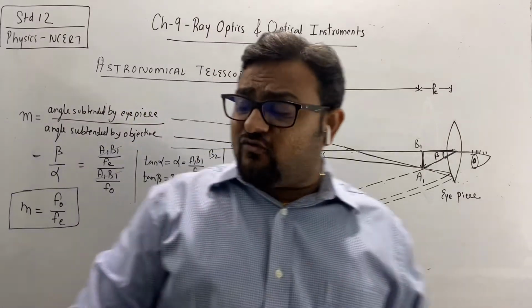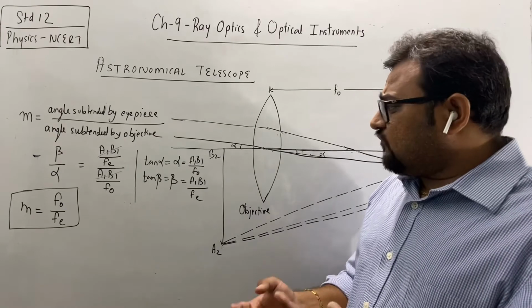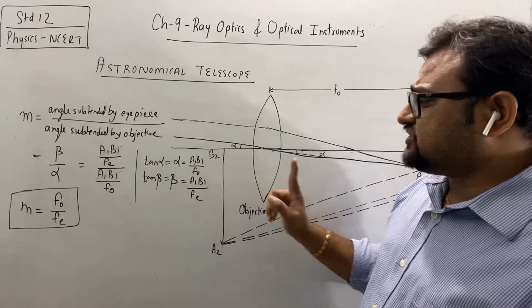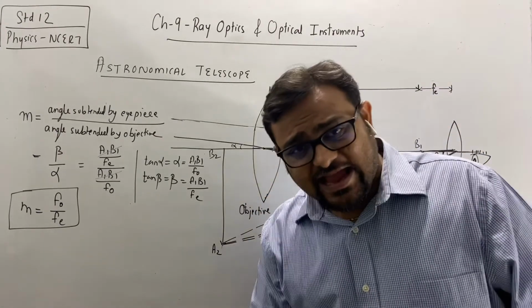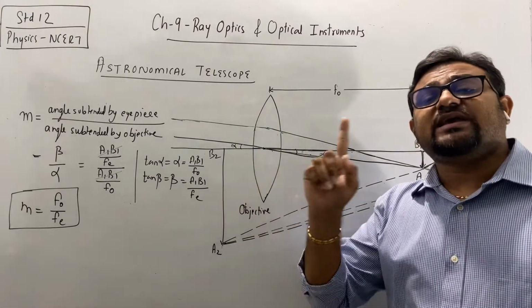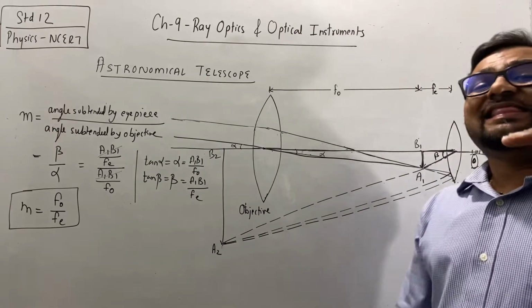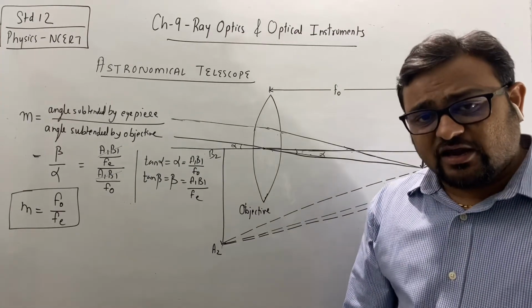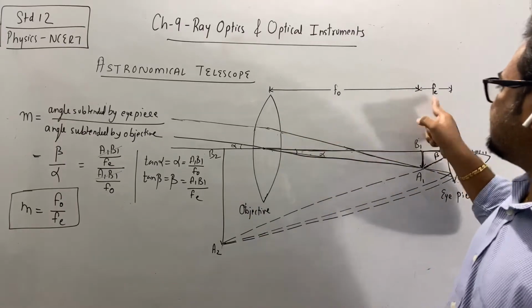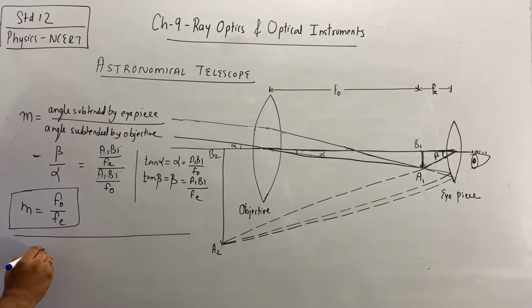So if we want higher magnification, the focal length of objective must be higher and the focal length of eyepiece must be lesser. Here FO plus FE is called the optical length.